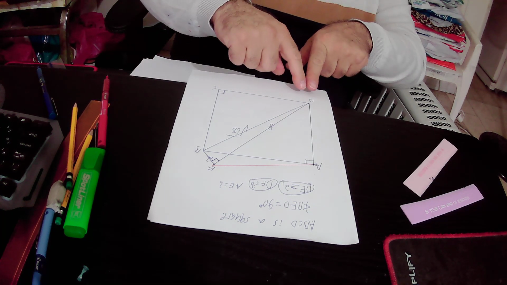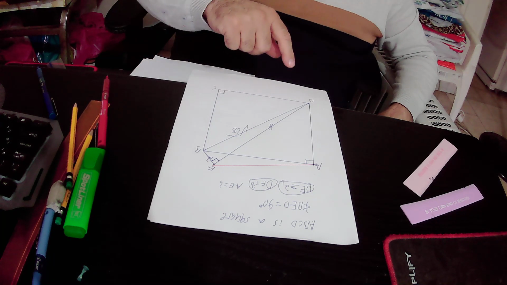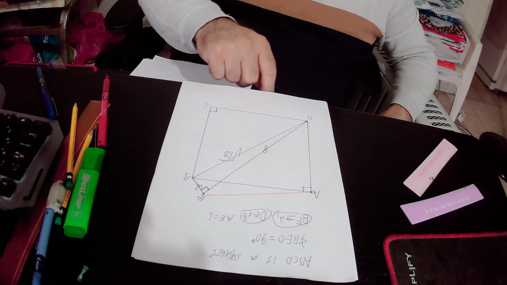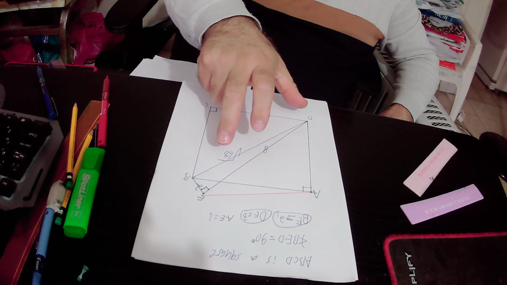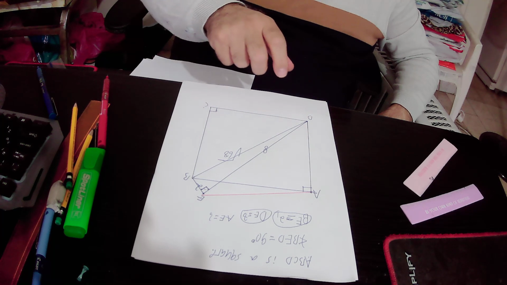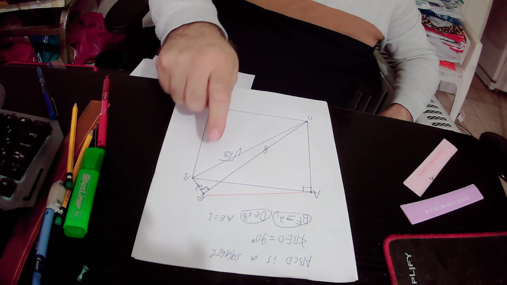So actually, line segment BD is the diagonal of square ABCD, and therefore, according to rule number 1, this diagonal BD bisects the angles of the square into 45 degrees.